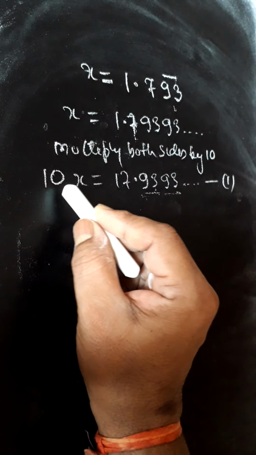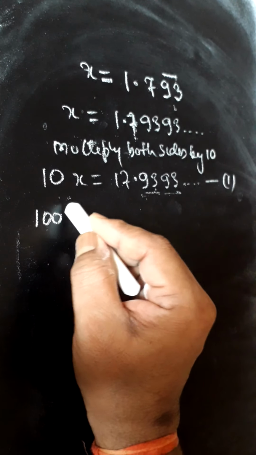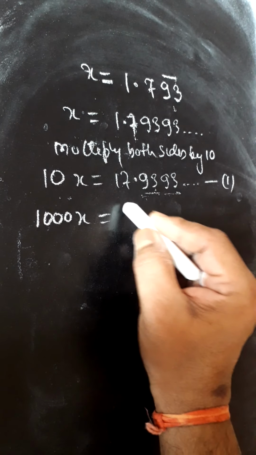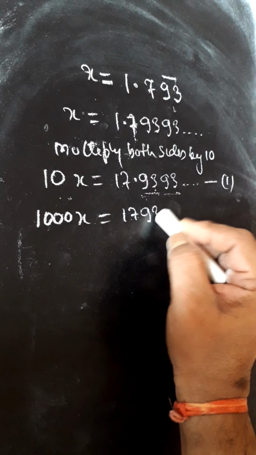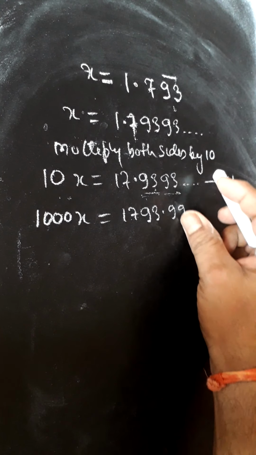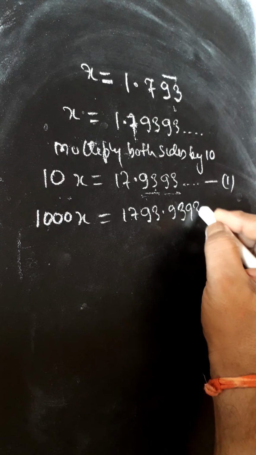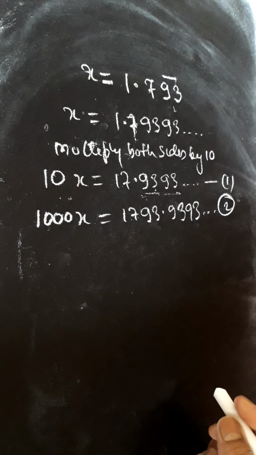When we multiply this by 100 we get 1000x, and this will become 1793.9393 and so on. Let it be equation 2.